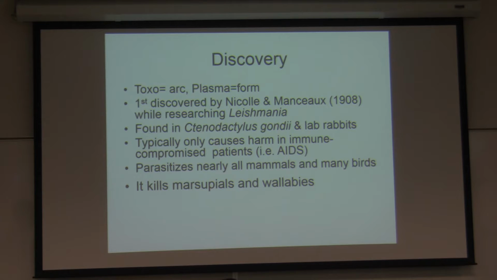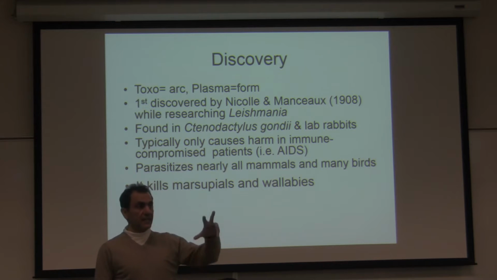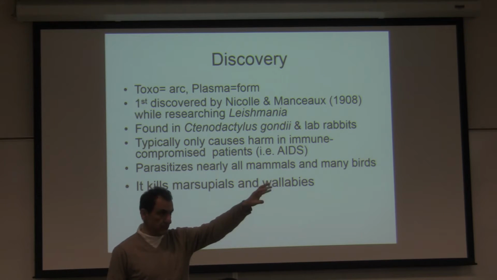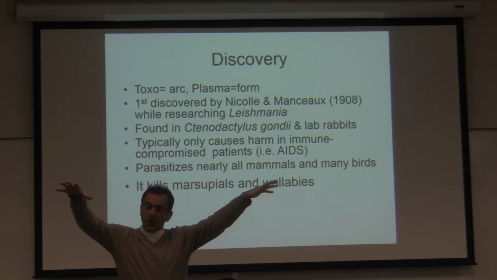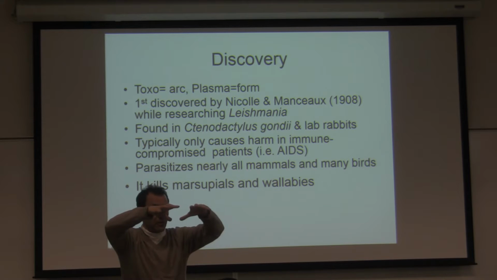So it's not host specific usually, and you will see that for the cats. And of course, marsupials and wallabies: if they become infected with it, it kills them. That's why nowadays, if you go to a zoo, you will see that the cages of the wild cats, any kind of cat, and the cages of wallabies and kangaroos are not next to each other.